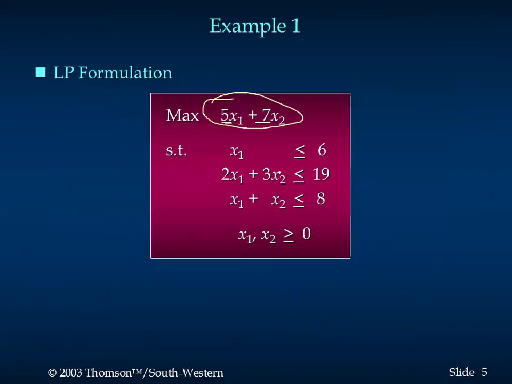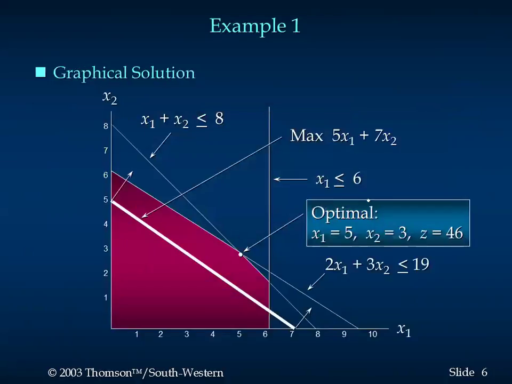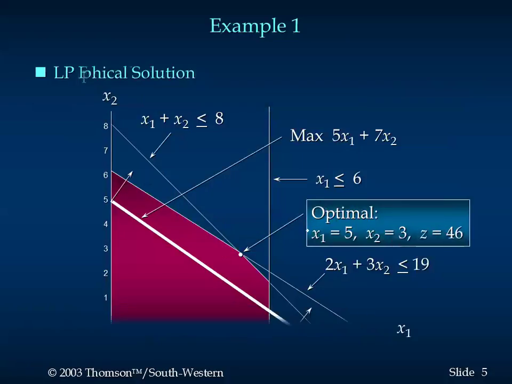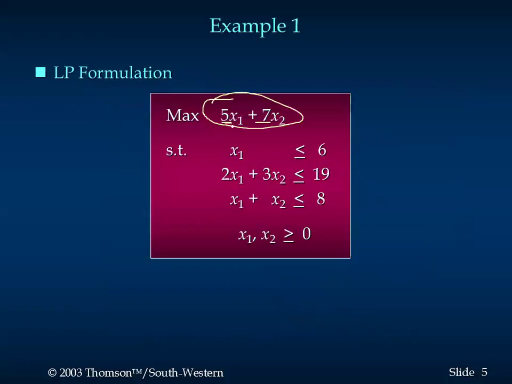First thing to notice is, when we drew this picture, it is a picture of our constraints, correct? The feasible region is defined by the constraints. And now we're making changes in objective function coefficients.